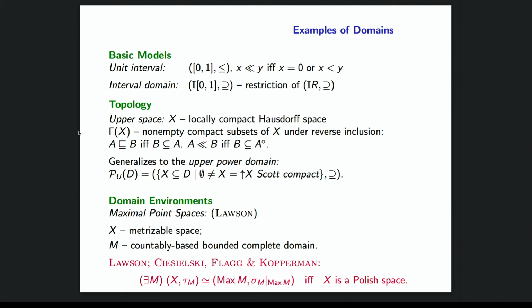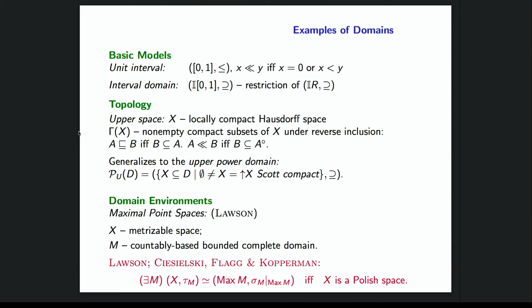I'd like to know what spaces I could realize in this way. And this is bounded complete because for any pair of compact sets, the union is compact, and so that's your inf operation here. There's a theorem due to Jimmy and a trio of authors that says a space X has the property that there is an M that is a countably based bounded complete domain for which X can be realized as the maximal elements in the inherited Scott topology on the maximal elements, if and only if X is a Polish space.